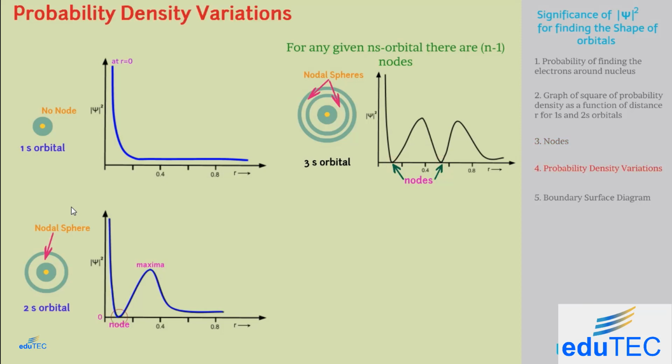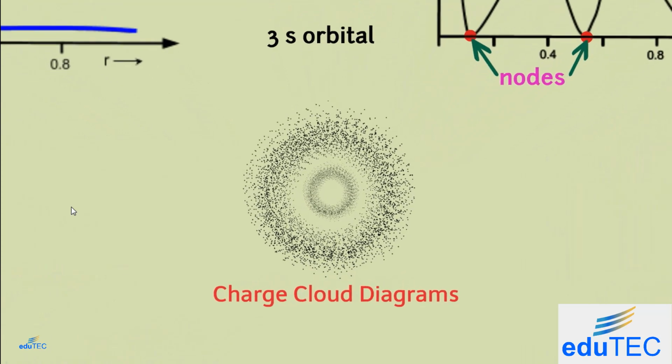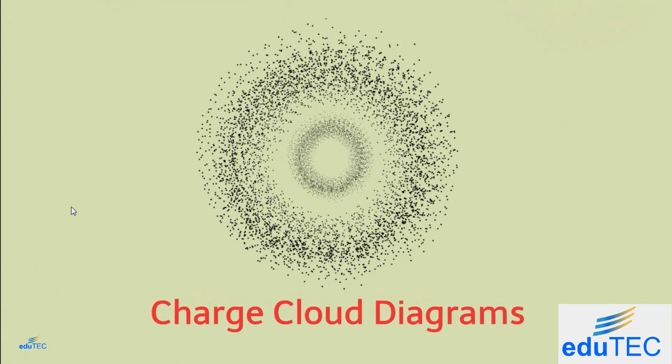The probability density variations can be represented with the help of charge cloud diagrams, where the density of dots represents the probability density of electron in that region.